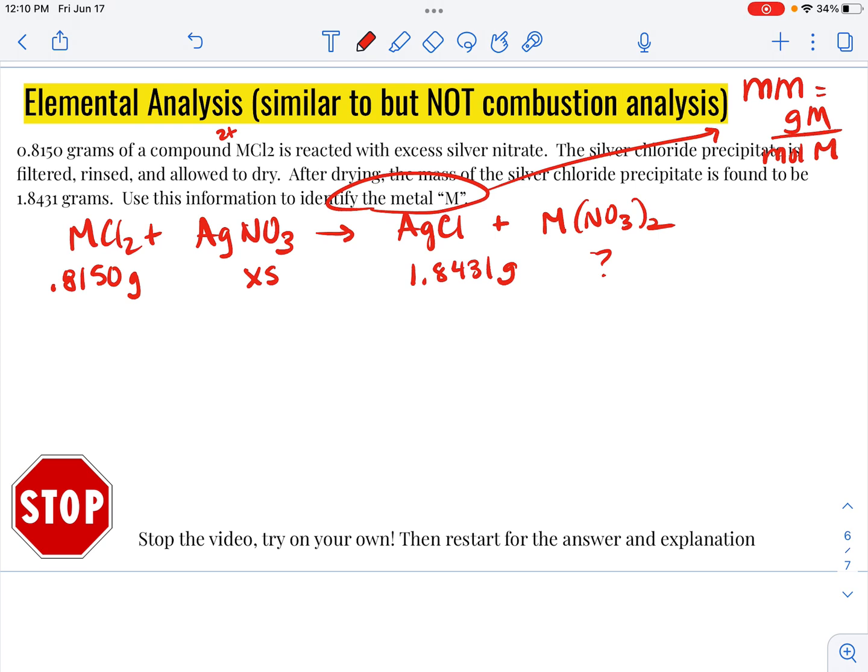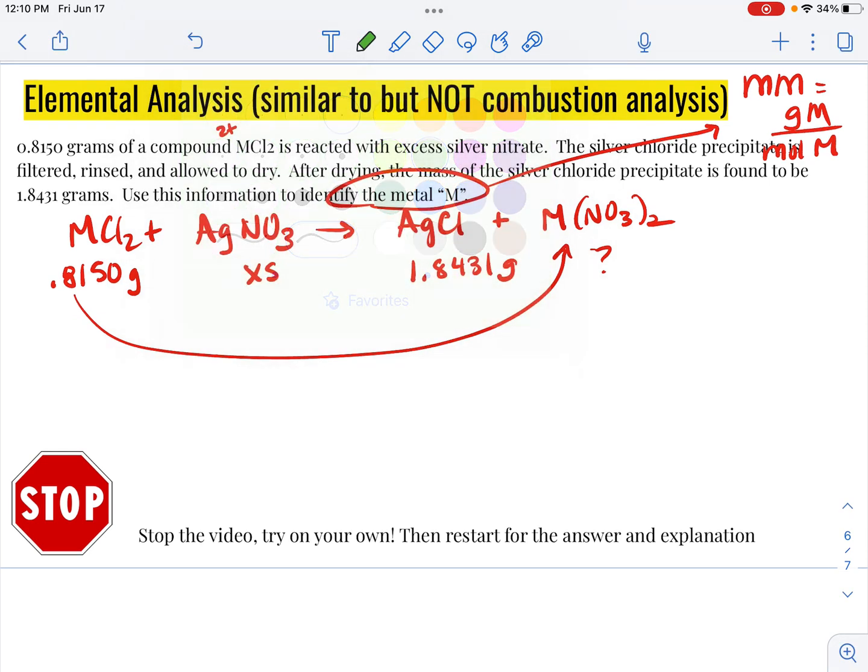All right, so we can start wherever you'd like, but notice that what we really know about this is that all of the M that was in this compound ended up over here, and all of the Cl that was in this compound ended up in the silver chloride.